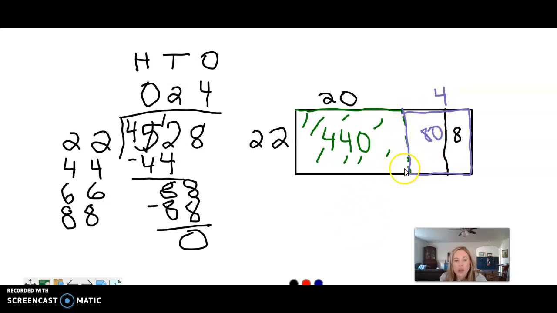And so when we broke up 520, we had 20 groups of 22, and that gave us 440. And what we had left over was 88. And 4 groups of 22 make up 88.